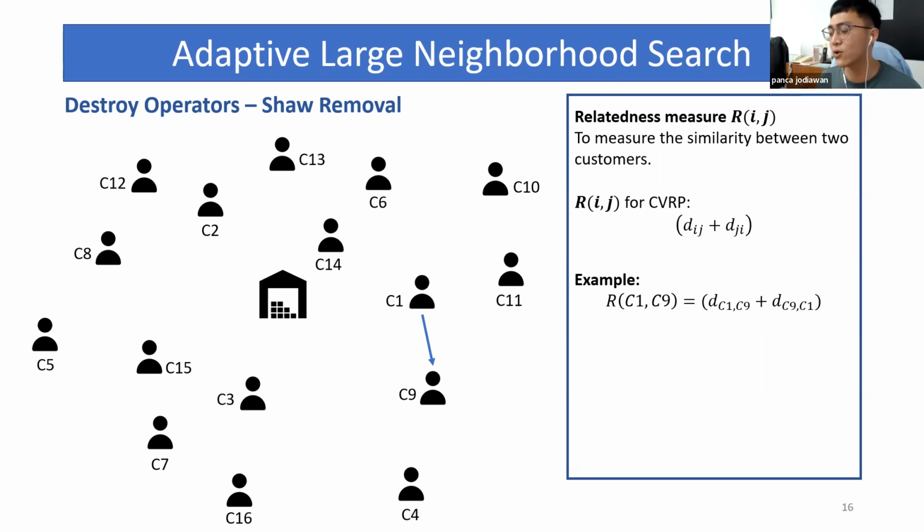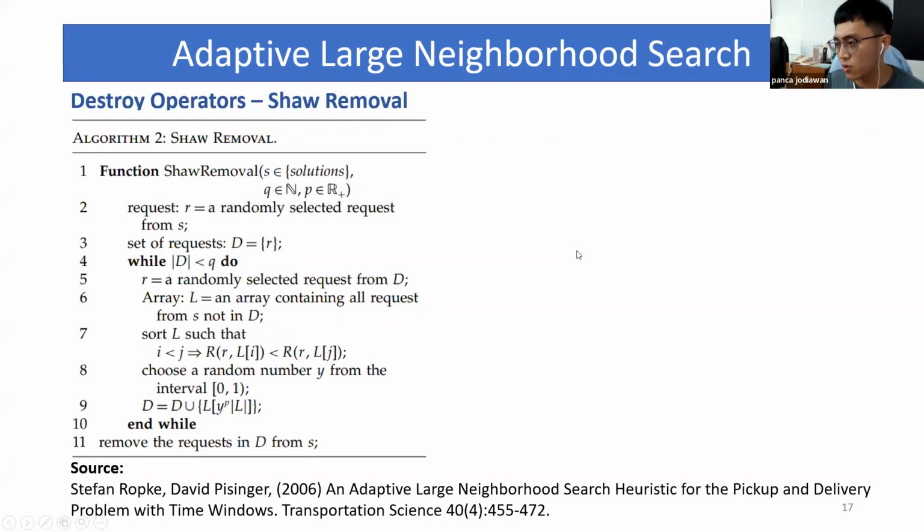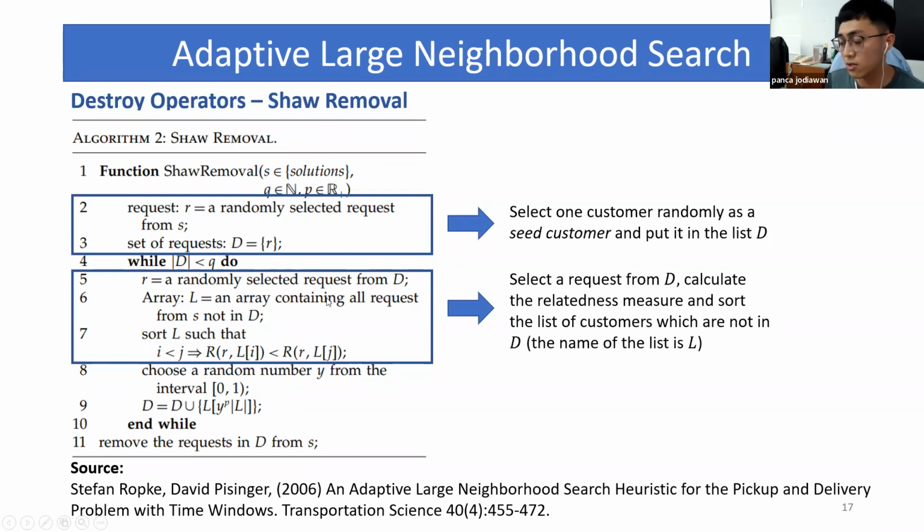They have said here that it should start from the smallest one to the largest one. That means you need to sort it in a way that keeps the most similar one at the top of the list and the least similar one in the last part of the list.